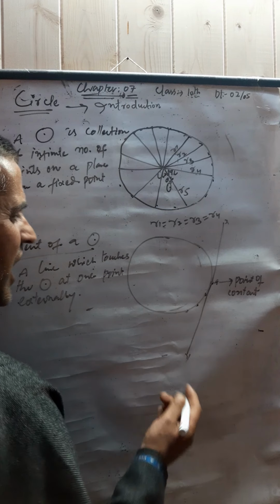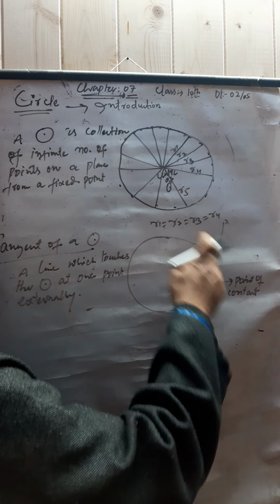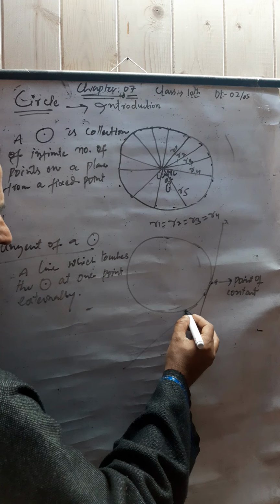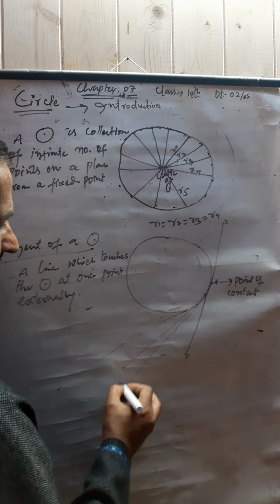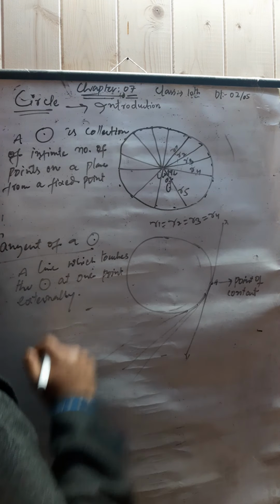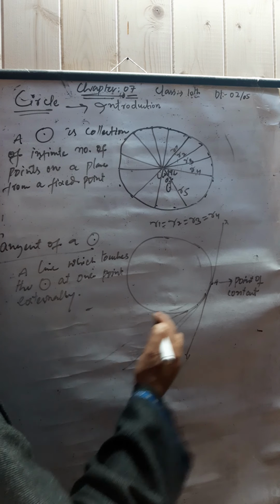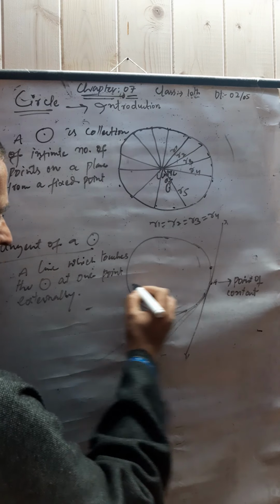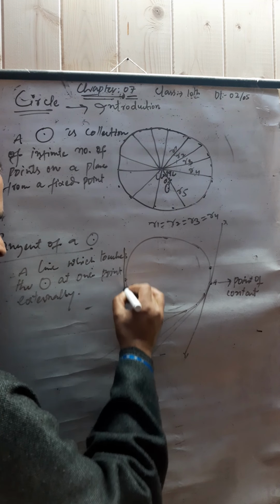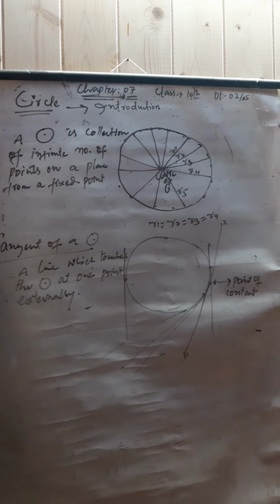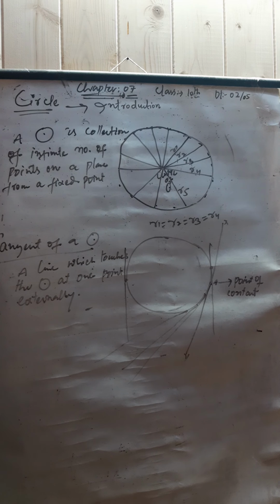So here is the question: how many tangents can we draw to the circle? We can draw an infinite number of tangents to the circle. Why? Because a circle is made up of an infinite number of points. And second thing is, how many parallel tangents can a circle have? There is a possibility of only two parallel tangents to a circle.